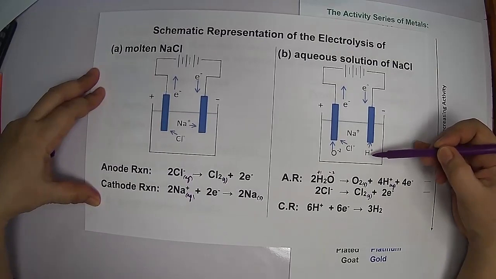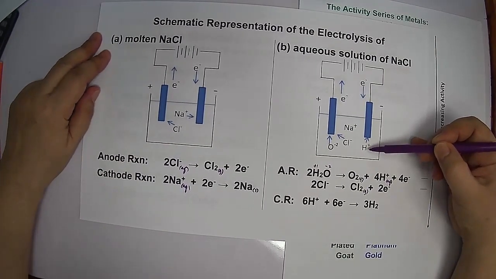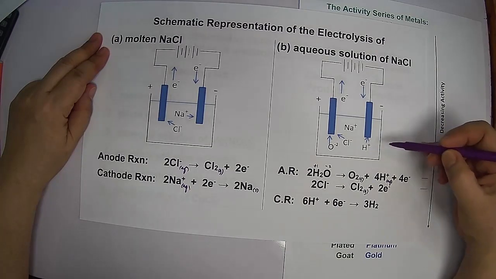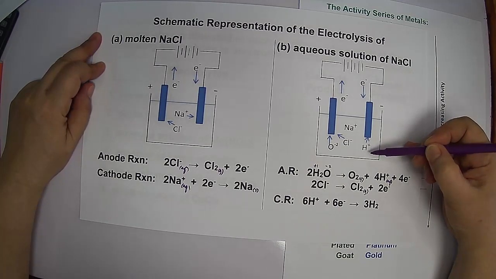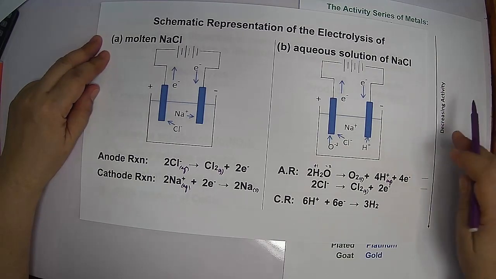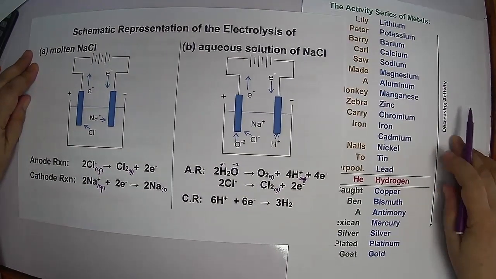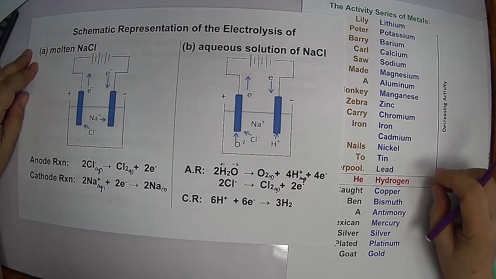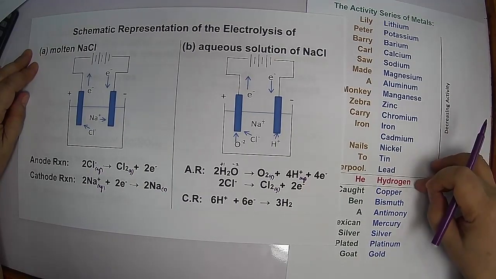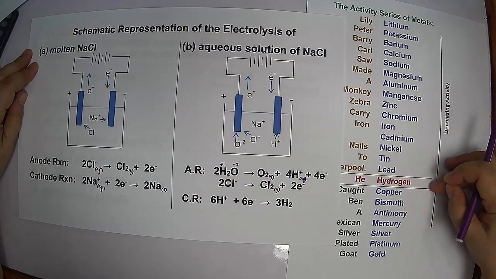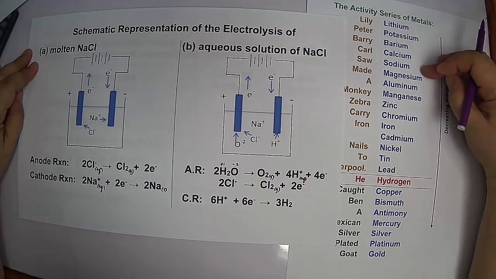Because of the presence of hydrogen ion, which has a greater tendency to be reduced than sodium, if you refer to the activity series, hydrogen is way below here. So the activity of hydrogen is much lower than sodium.